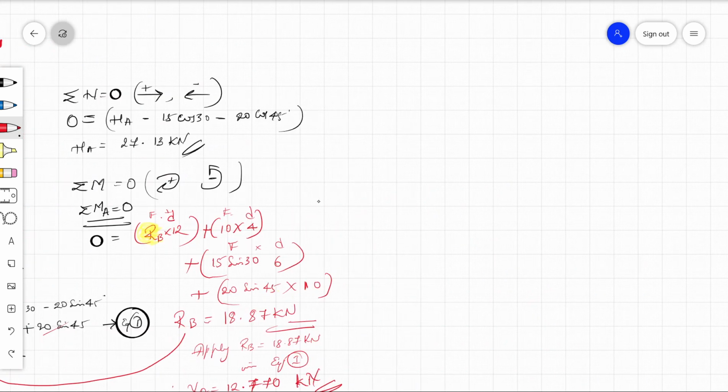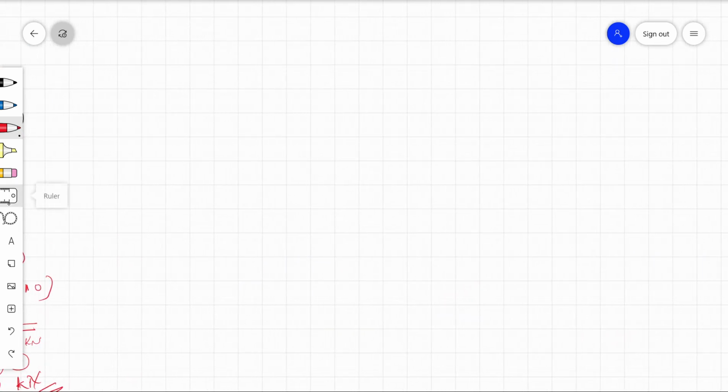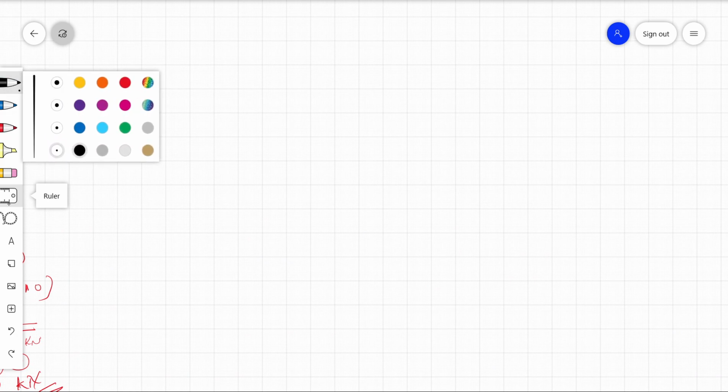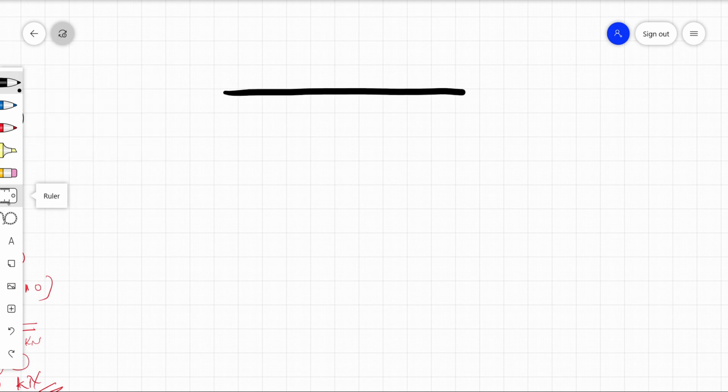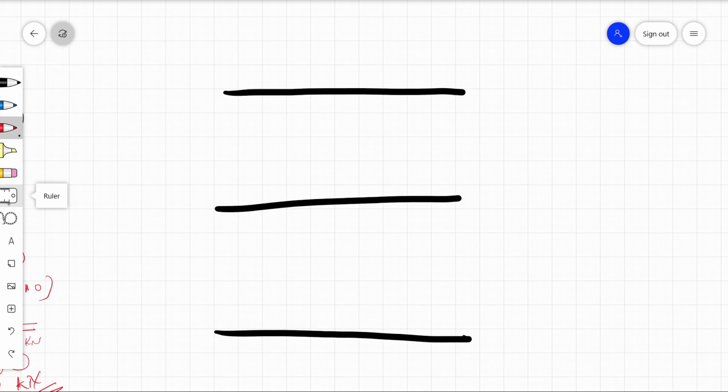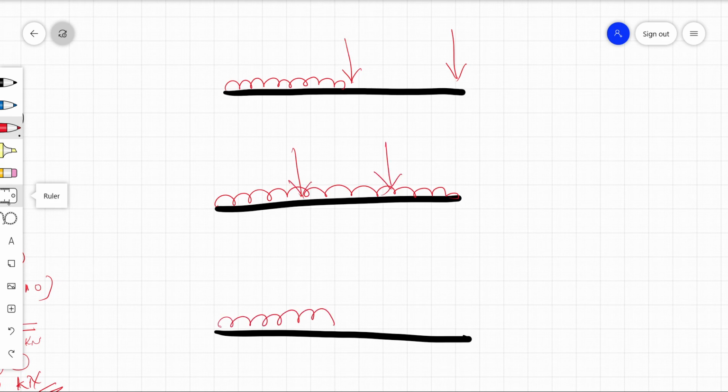But one thing you need to understand is, if this is a beam, I'll give you multiple beams so that you will understand how you need to prepare yourself. They might ask like this, and in this form also, which is done in the last numericals.